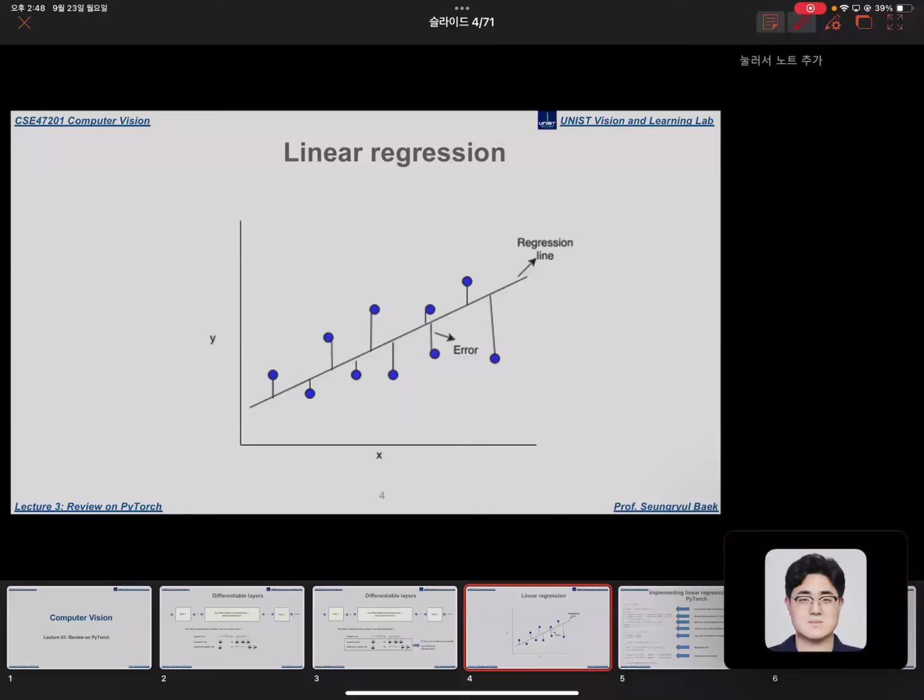And I will explain this in the context of a very simple machine learning algorithm whose name is linear regression. I already told you that linear means this kind of function.